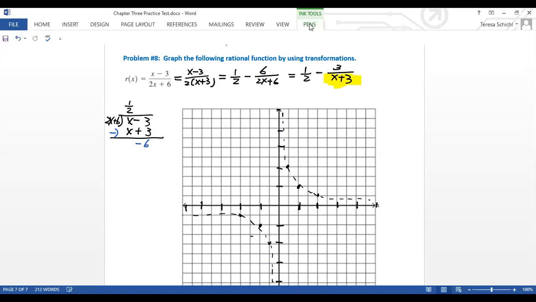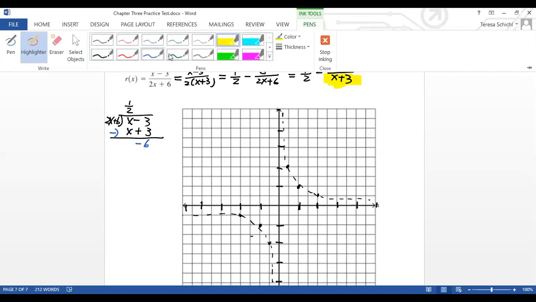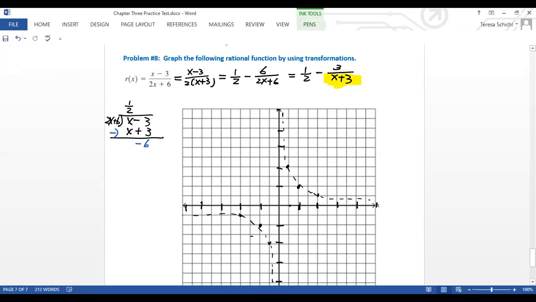Okay, so then the next transformation I'm working on is x plus 3. So what does that mean? That means I am moving to the left 3 units here, right? So this point is going to move 1, 2, 3 to here.